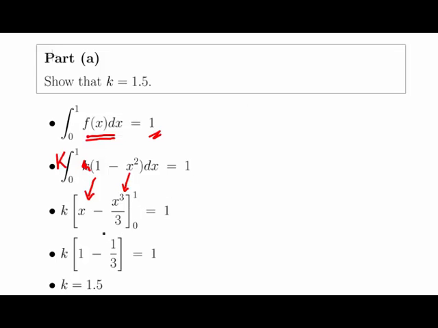So x evaluated at 1 gives us 1, and x cubed over 3, when we evaluate that at x equal to 1, we get 1/3. So we have 1 minus 1/3. And remember, we're pre-multiplying this by k. So k times 2/3 is equal to 1. So when you work that out, k necessarily equals 3 over 2 or 1.5, which is what we were asked.